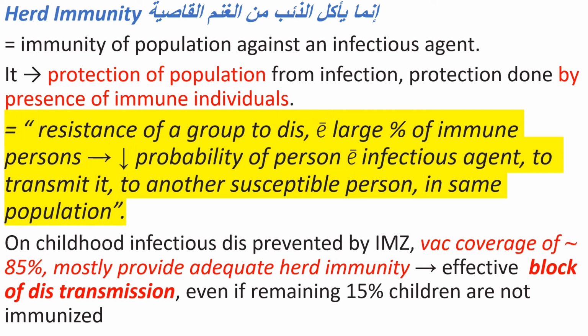For example, in childhood infections prevented by immunization, vaccination covering about 85% mostly provides adequate herd immunity, leading to effective block of disease transmission, even if the remaining 15% of children are not immunized.